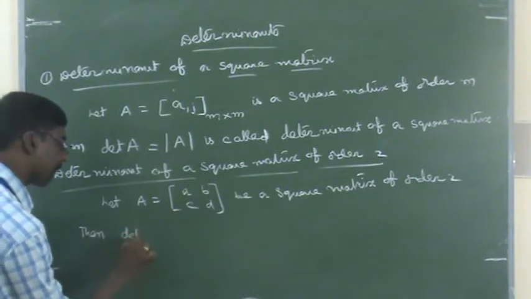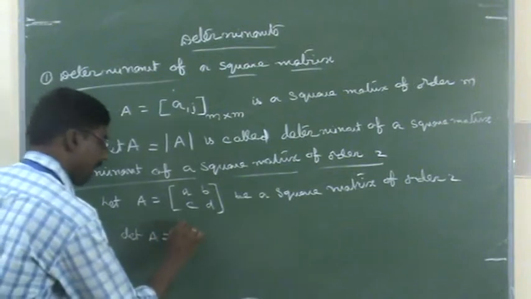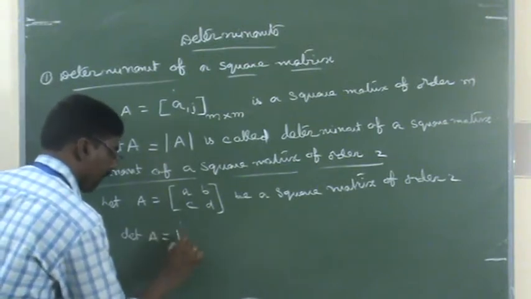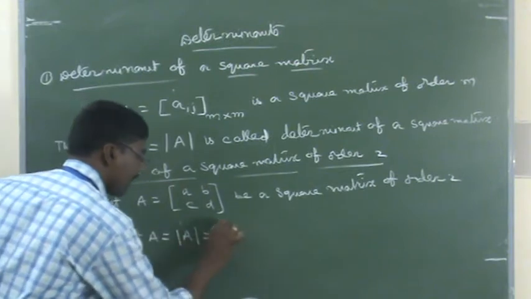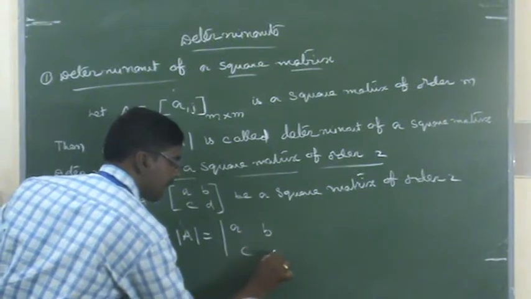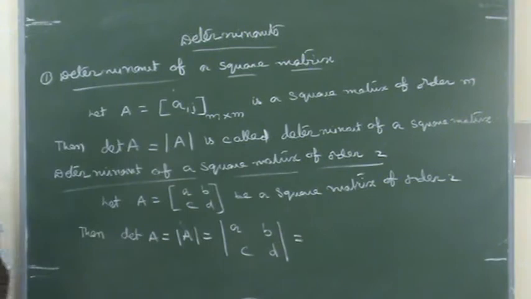Then det A, that is the determinant of A, equals the determinant of a, b, c, d. Here you have to remember very carefully.